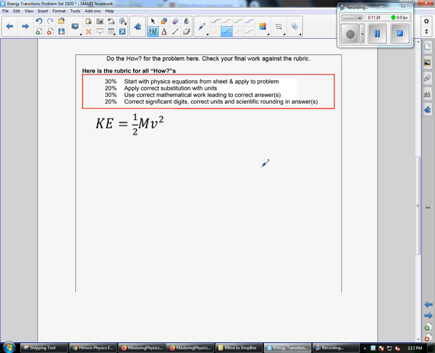And from my graph, I said that the kinetic energy to start must equal the work done by the brakes. Now I know that that work, is that positive or negative work? Negative. But I'm just going to put it in there and figure out the magnitudes. All right?